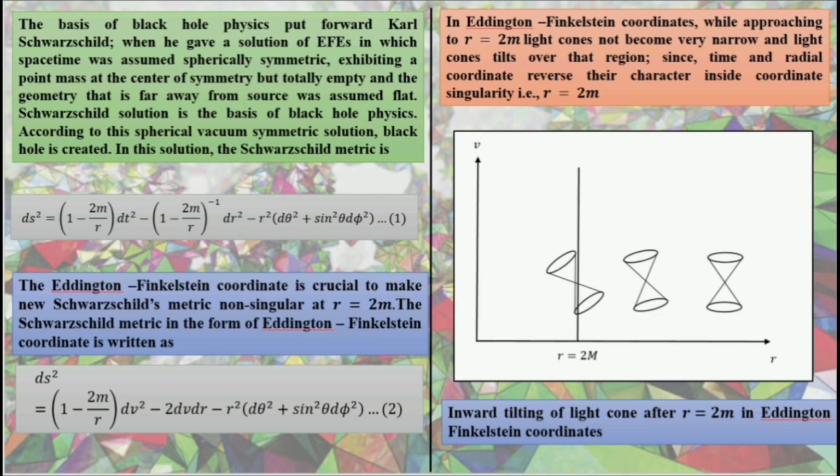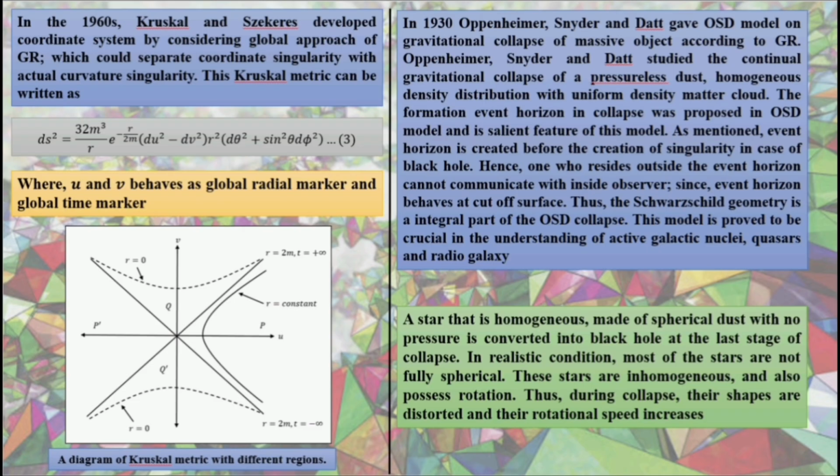Thereafter, in the 1960s, Kruskal and Szekeres developed another coordinate system by considering the global approach of general relativity, which could separate the coordinate singularity from the actual curvature singularity. The coordinate singularity occurs at r = 2m, while the actual singularity occurs at r = 0.